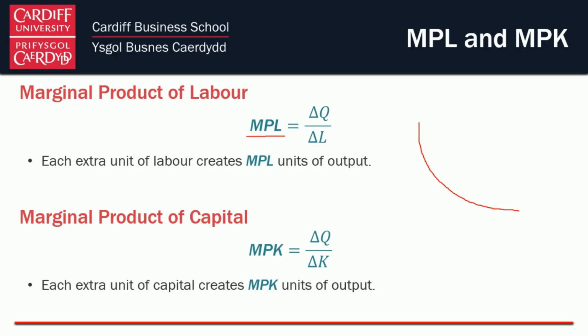So you hire the next person, what is their productivity? We need another notion, which is the marginal product of capital. It's the same exact thing, but obviously in terms of capital. So each extra unit of capital creates MPK, marginal product of capital, units of output. So how much the last unit of capital contributes towards your production. Same exact thing as MPL, but interpreted in terms of capital.